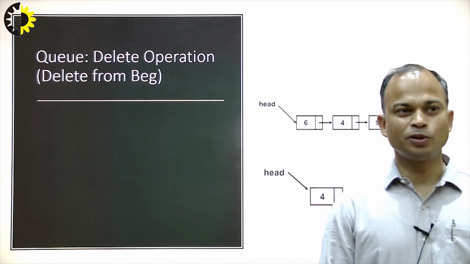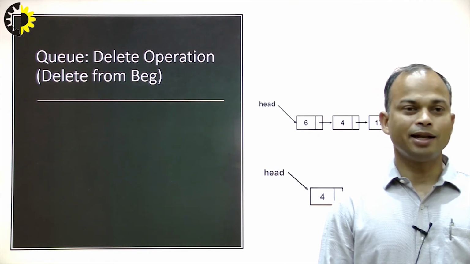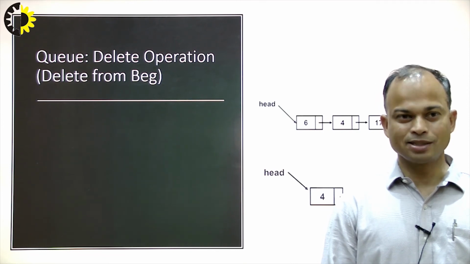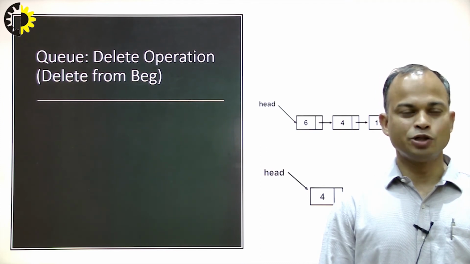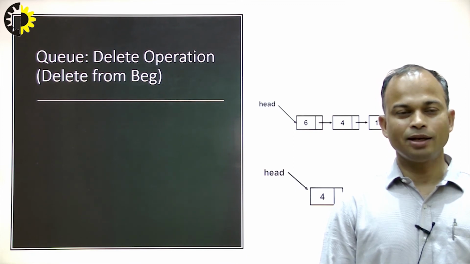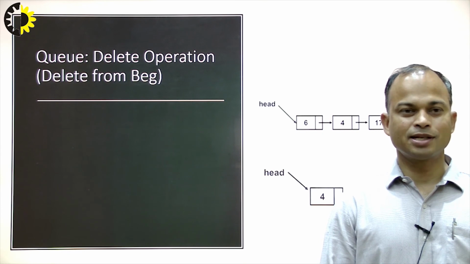When we talk about the queue data structure, as we know, we need two pointers, two ends, front and rear, but here we are using the concept of the head. So we need to change accordingly, as we have discussed in the queue.